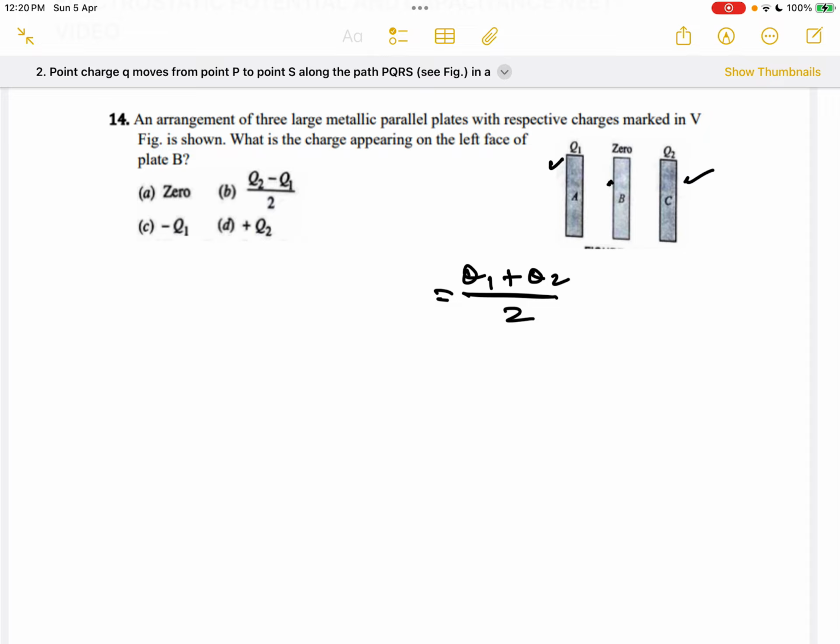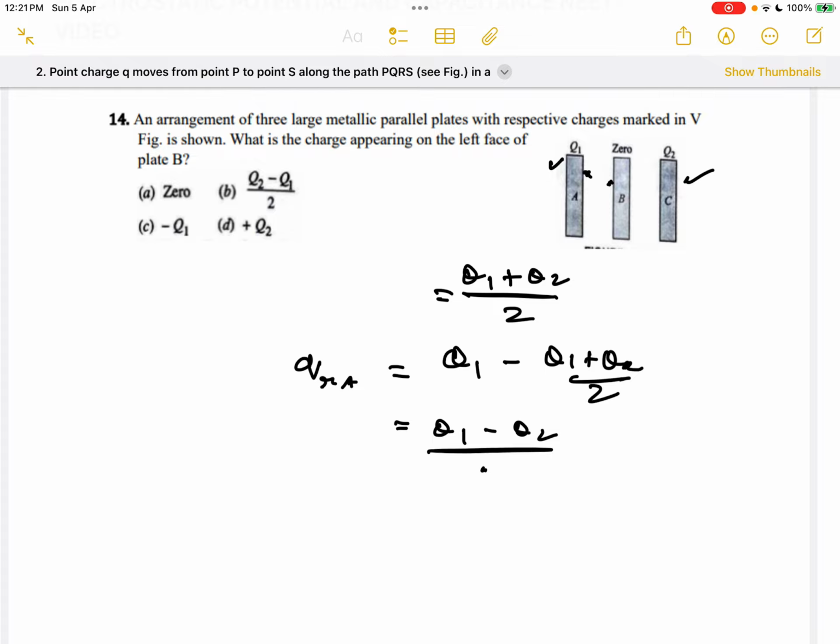Now, if you just ask me, what is the charge appearing on the right side of A? It's going to be Q1 minus Q1 plus Q2 divided by 2. That's the charge appearing on the right side of A. It would be equal to Q1 minus Q2 divided by 2.